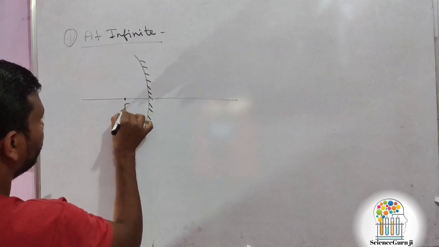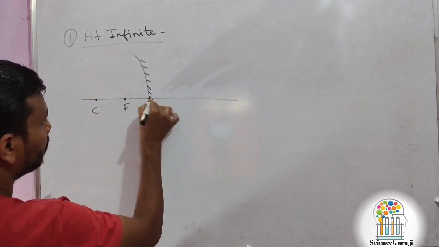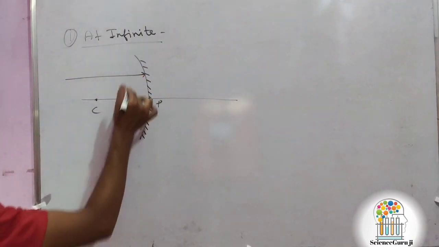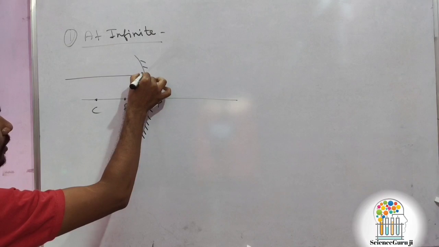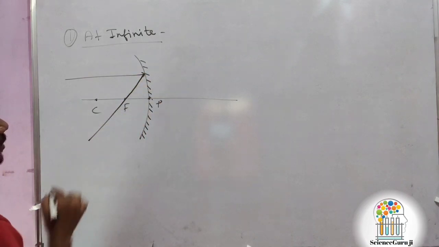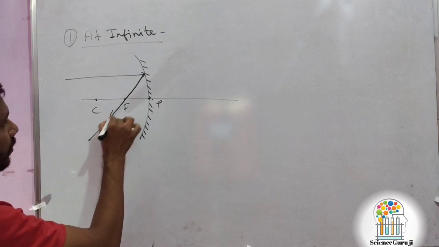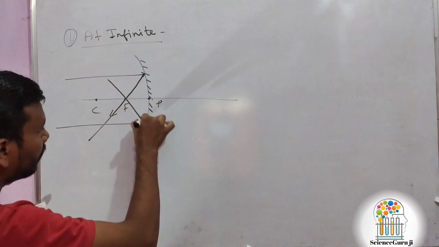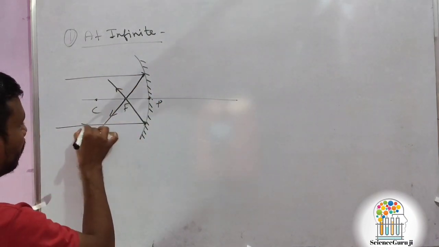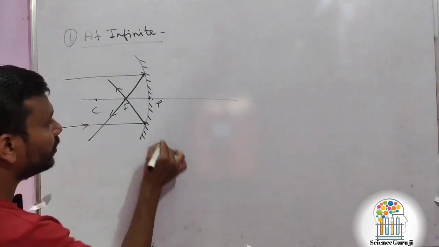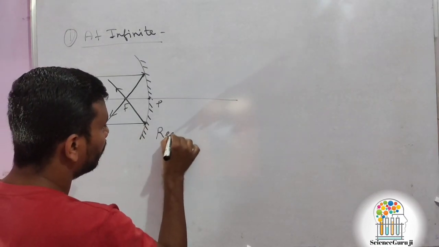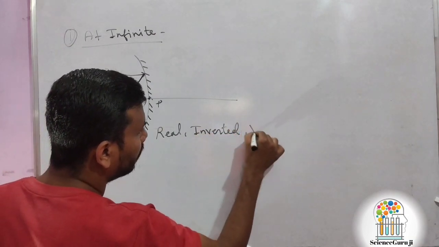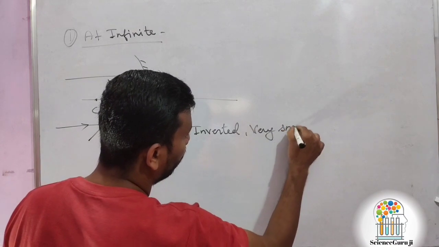Okay, how is it? This is our focal length, this is the center of curvature, this is our principal axis and pole. If any light comes from infinity, then after striking the surface, it bounces back and goes through the focal point, and the image forming here is real, inverted, and very small.